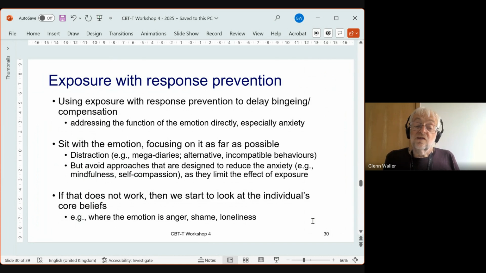And of course, if the exposure work doesn't work, if we say, okay, I get it, you've got this urge to binge, it's related to how anxious you are. I want you to sit for 40 minutes thinking about the anxiety, thinking about how your body feels, and we'll do the exposure work around that by keeping you focused.